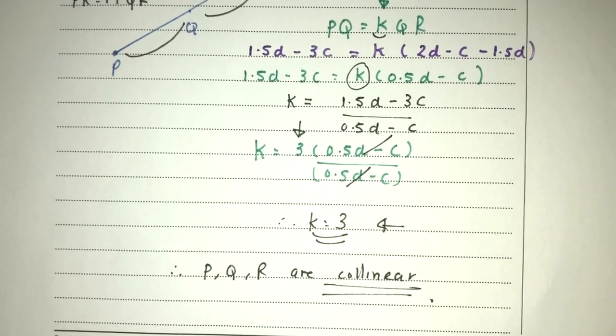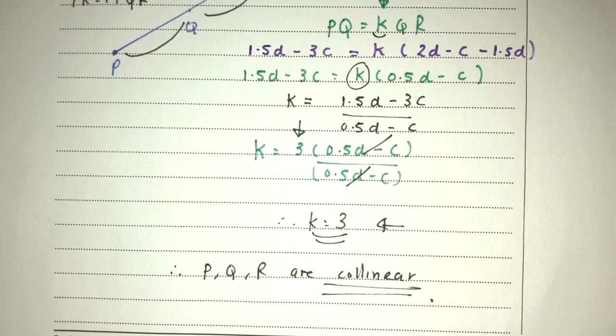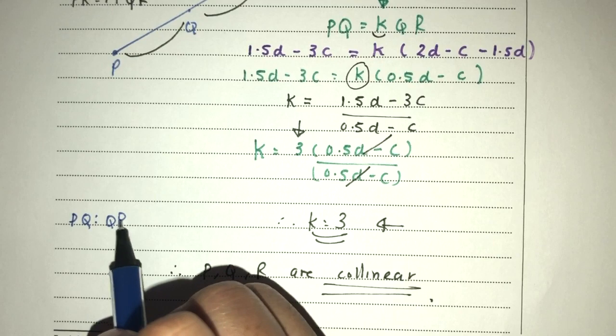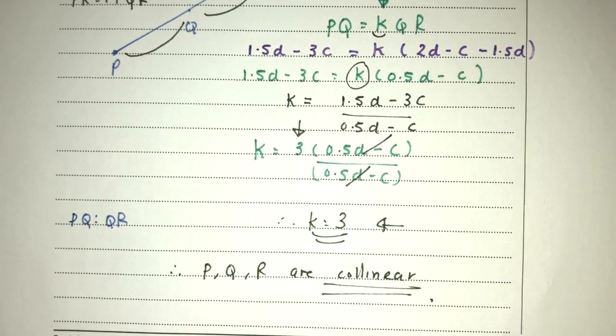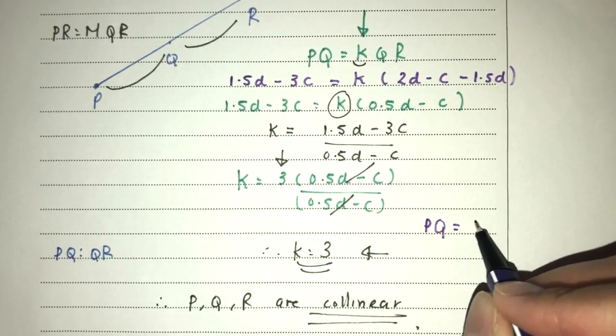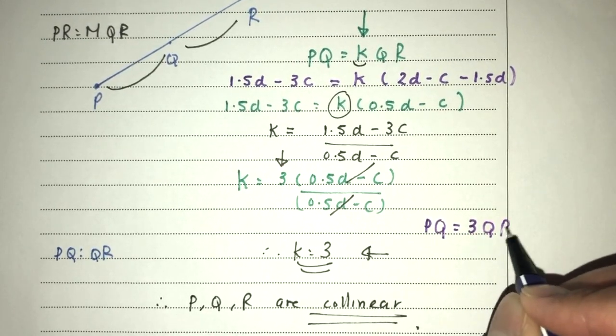So after I know they are collinear, I will have to find the last part of the question, which is the ratio of PQ and QR. As we have realized, our ratio here was given by PQ has to be 3QR, right?